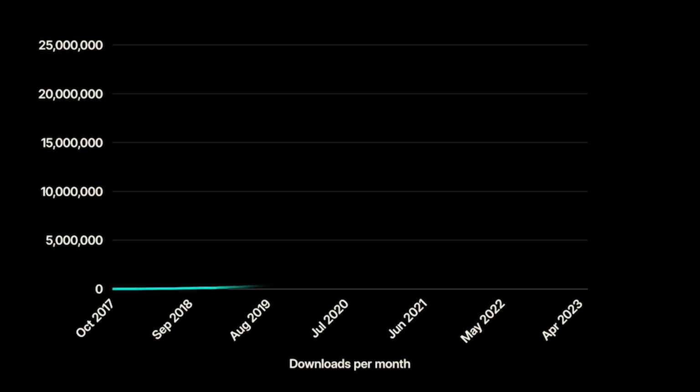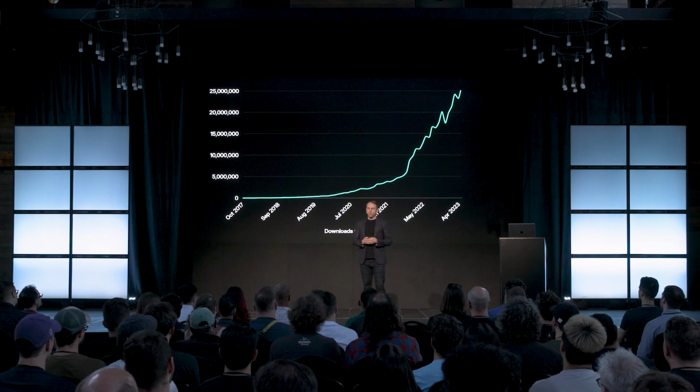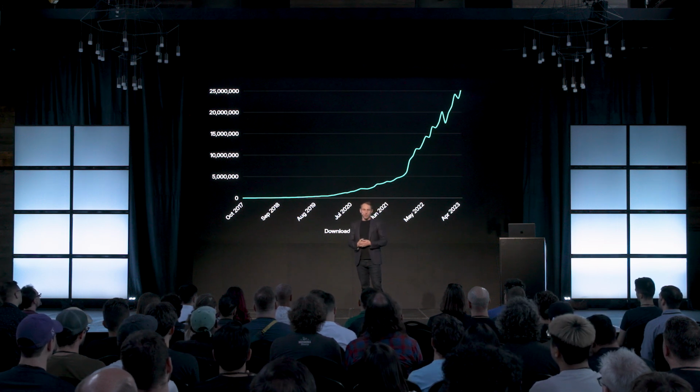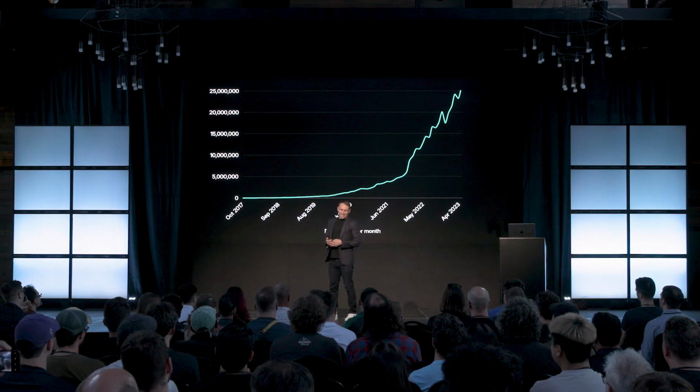The framework is installed now over 25 million times per month, which makes it the most downloaded CSS framework on all of NPM, which is absolutely insane to me. The framework in total has been installed 300 million times.